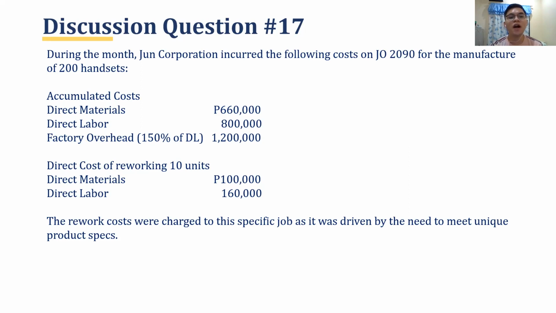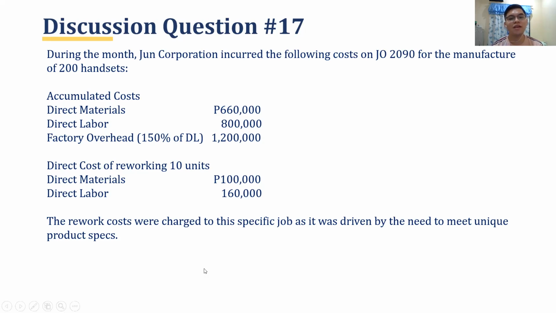Then here are direct cost of reworking 10 units. So it incurred, nakalagay dito lang, direct materials and direct labor, 100 and 160. But wag kayong magpa-confuse kasi nga automatic, meron tayong application ng overhead by 150%. Okay. The rework costs were charged to this specific job as it was driven by the need to meet unique product specs.